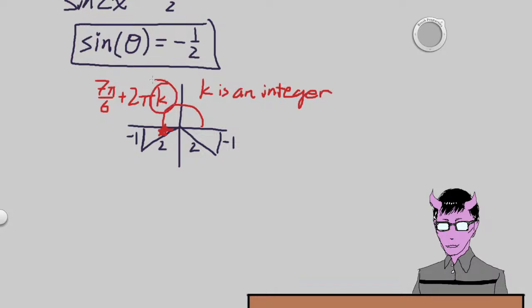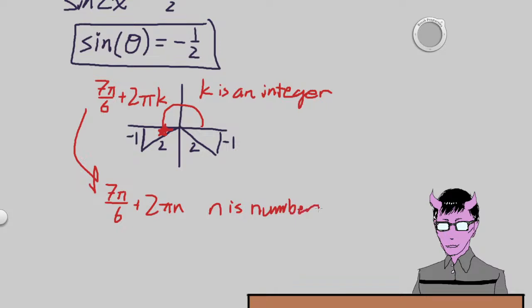I think some people tend to use n for this. I've seen those type of situations. So you might see it written as 7 pi/6 plus 2 pi n. It doesn't matter, and then you just say n is an integer as well. Don't say n is a number. If you just say n is a number, well, irrational numbers also work too.